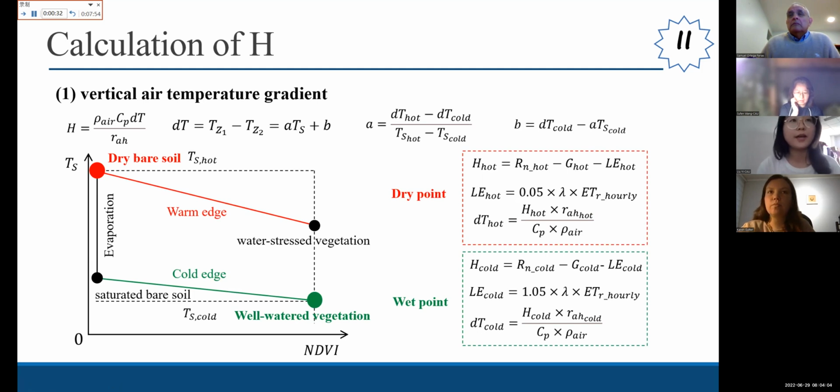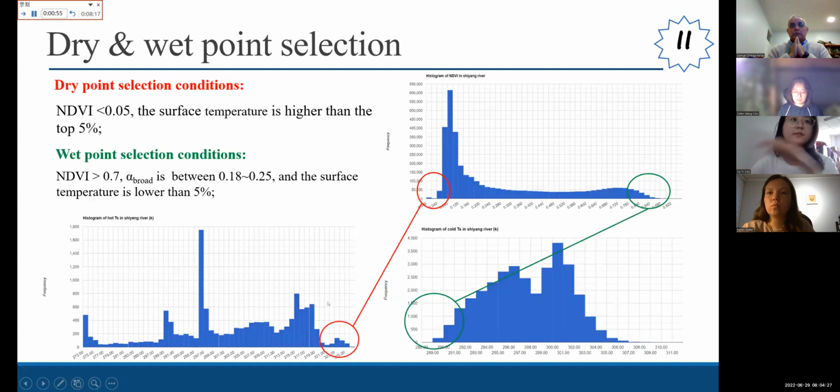One of the innovations of the METRIC model is its selection conditions of dry and wet points, combined with reference evapotranspiration to determine the assumed values of H and LE as the two extreme value points.